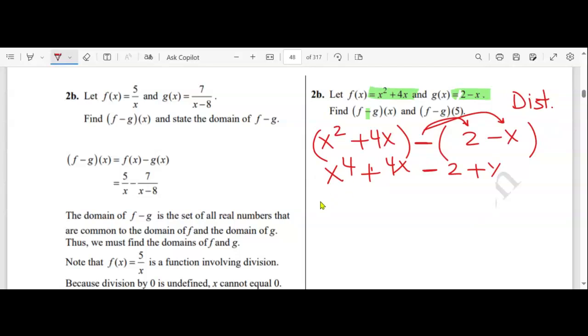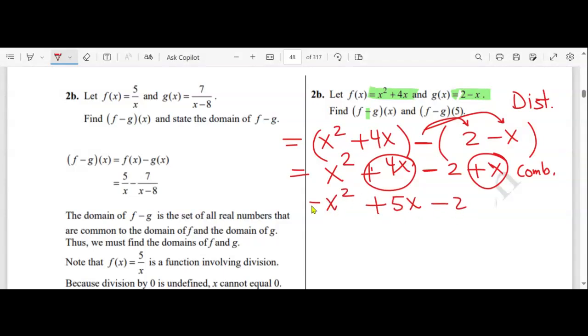You wrote 1. Oh, I'm sorry. Sometimes the pen is not working. So what should I do next step? Combine. Combine what? Like terms. So you're going to get x squared plus 5x minus 2.